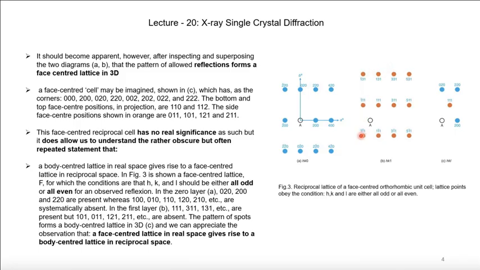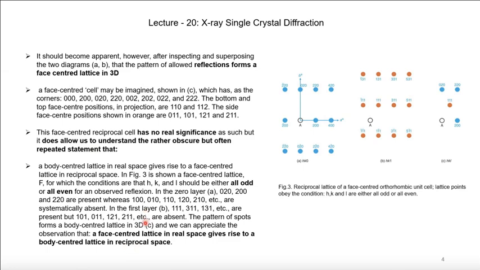So this is the condition for face-centered lattice we discussed earlier. A face-centered lattice in real space gives rise to a body-centered lattice in reciprocal space. So this is the information we get from the single crystal data, either by film method or by diffraction method.